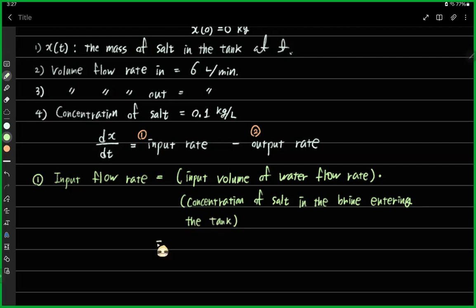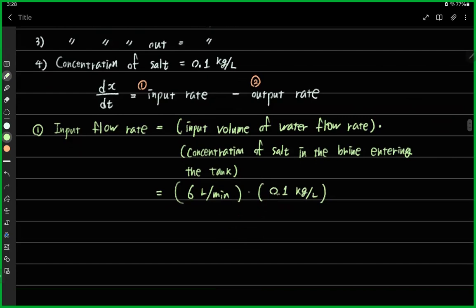Simply, the input volume flow rate is 6 liters per minute, times the concentration, which is given, 0.1 kilogram per liter. Let me skip writing the unit. So we get simply 0.6.